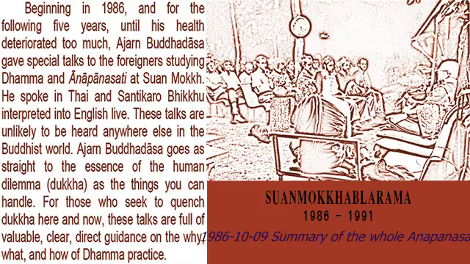Once these 7 are perfected, enlightenment is assured. And so the full practice of the 16 steps of Anapanasati leads to the perfection of these 7 factors of enlightenment. And then it is inevitable that enlightenment will follow.